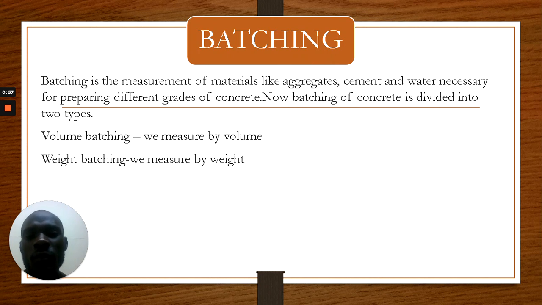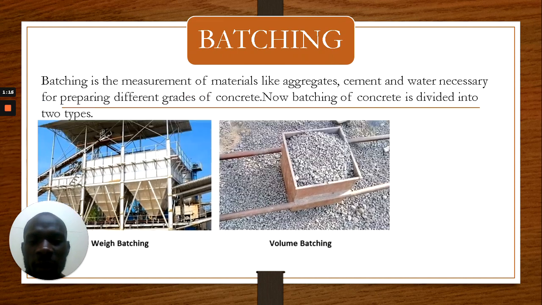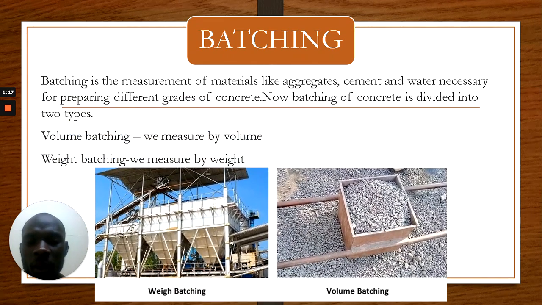So we have two types of batching, where we have volume batching and weight batching. Volume batching is the process of batching by use of volume, while weight batching is the process of batching where we use the weight. We have here a diagram which shows volume batching and weight batching.